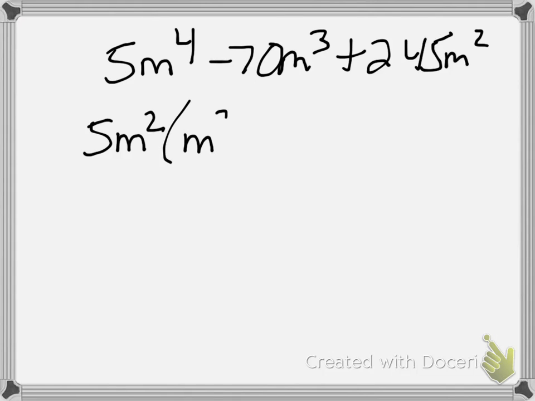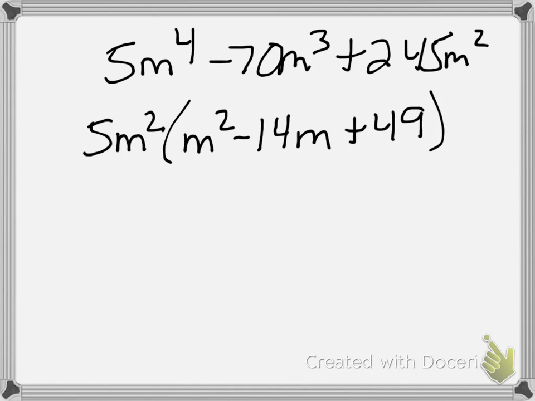So that's going to leave me with an m squared, 70 divided by 5, so that would be a negative 14m. And then 245 divided by 5 gives me 49. Okay, and with my slide, I don't really have to multiply out a number because there's no number in front of my m squared.